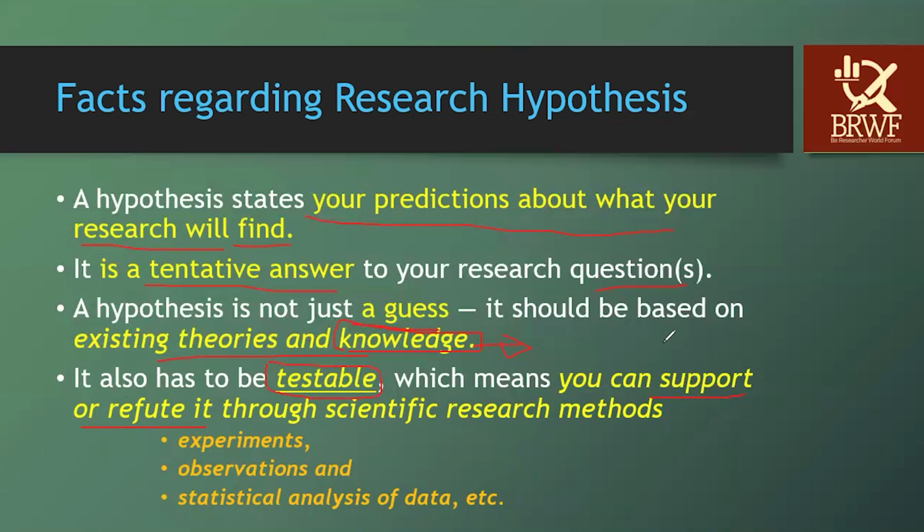So there are two things. If you state a hypothesis like this: smoking is the reason for the school dropout rate in the rural area, or social media use is the reason for the school dropout rate for rural students, you have to prove it, or support it, accept it, or reject or refute it, or say I cannot accept it, through a scientific research method.